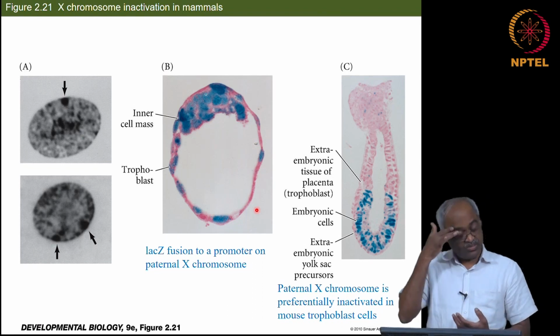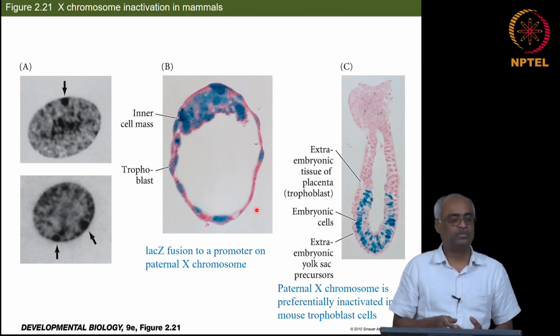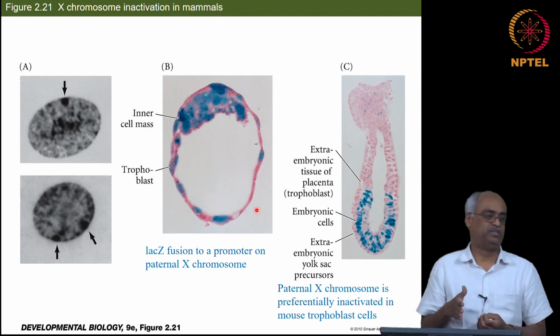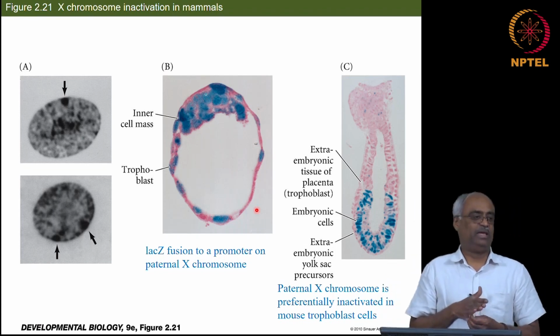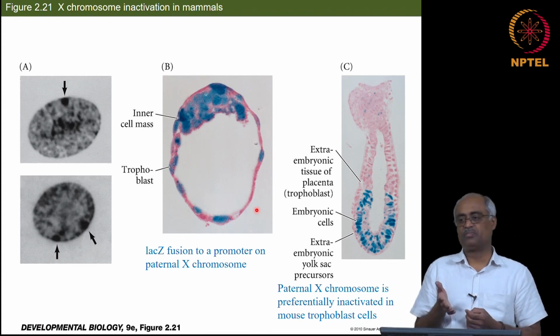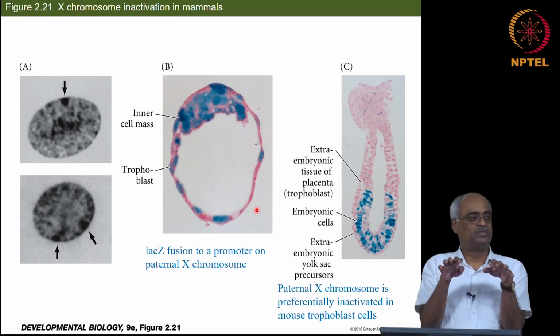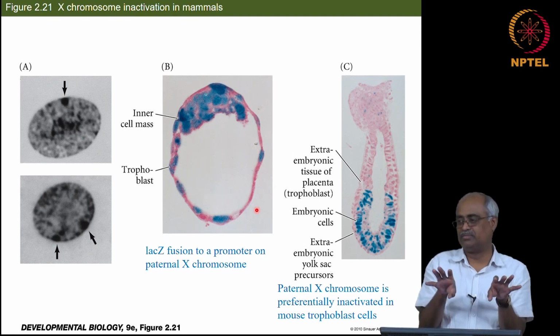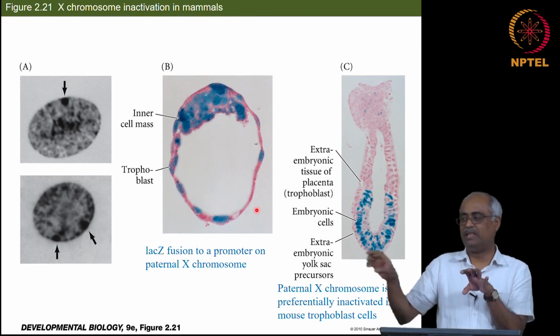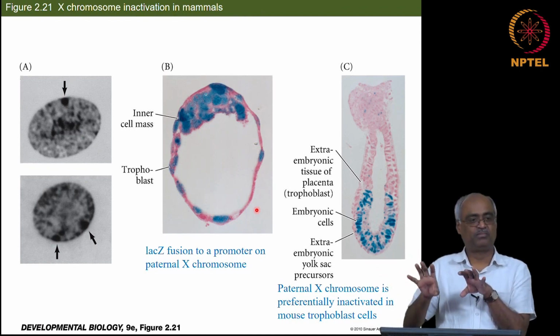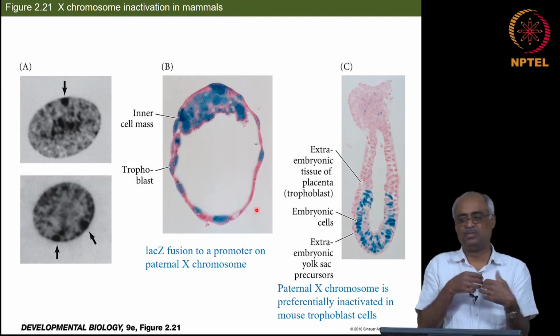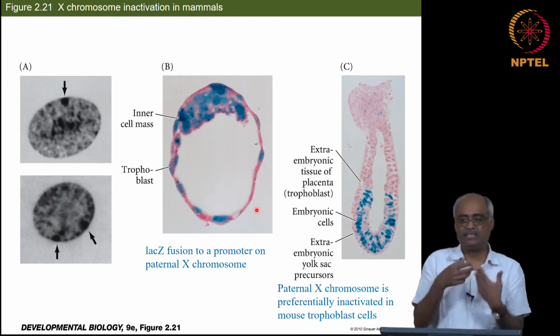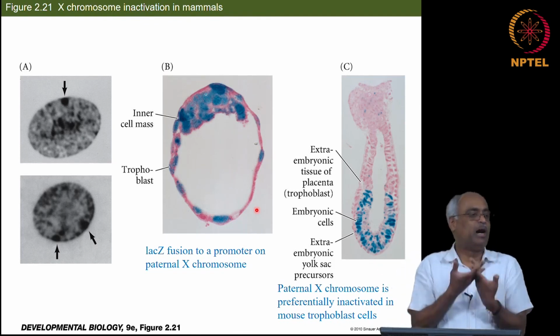That is usually taken care of by one of 3 different mechanisms. For example, in C. elegans, both the X chromosomes get reduced by half, and therefore the final quantity is like 1 compared to the male that will have only 1 X chromosome. In Drosophila, the male single X chromosome is doubled up.